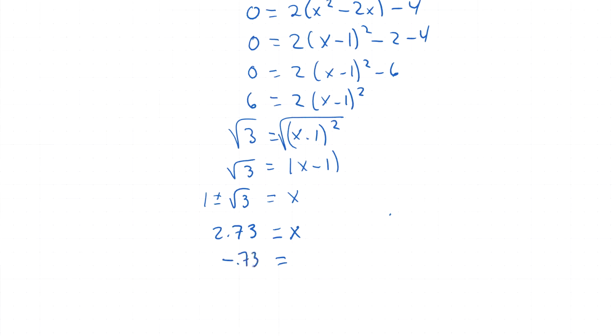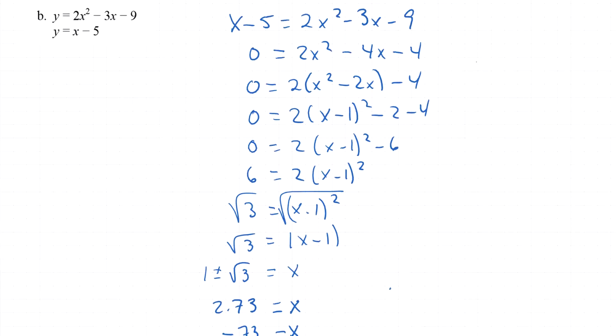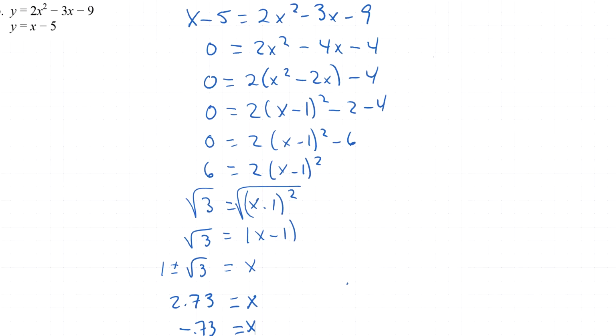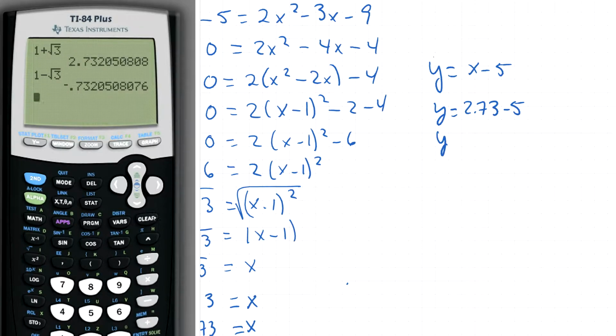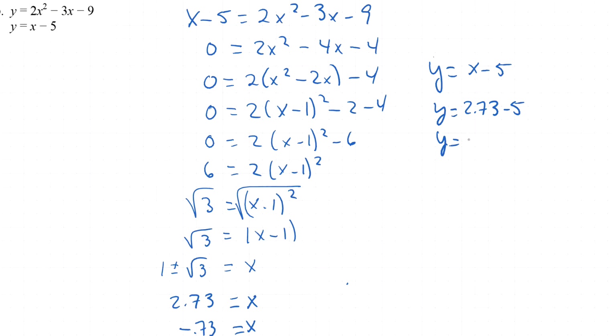Negative 0.73 equals x. And so then I'm going to plug this back in, and so we're going to get y equals x minus 5. So y equals 2.73 minus 5, which when we do the math here, it's negative 2.27, I believe that's what it was.